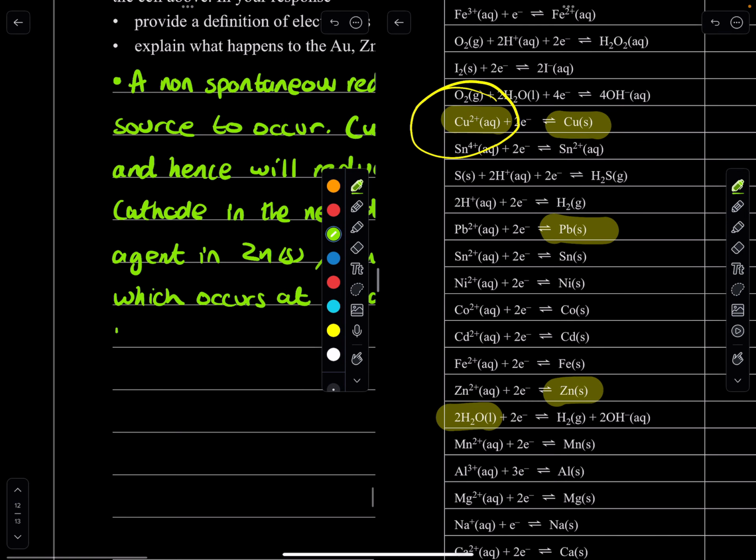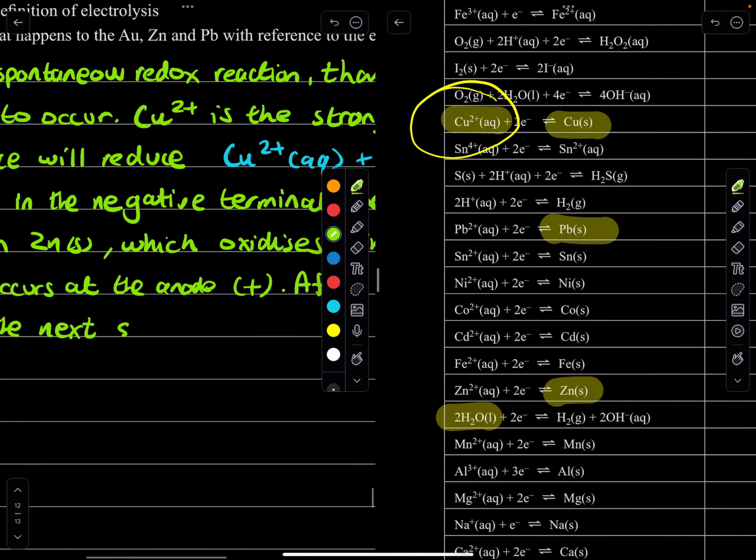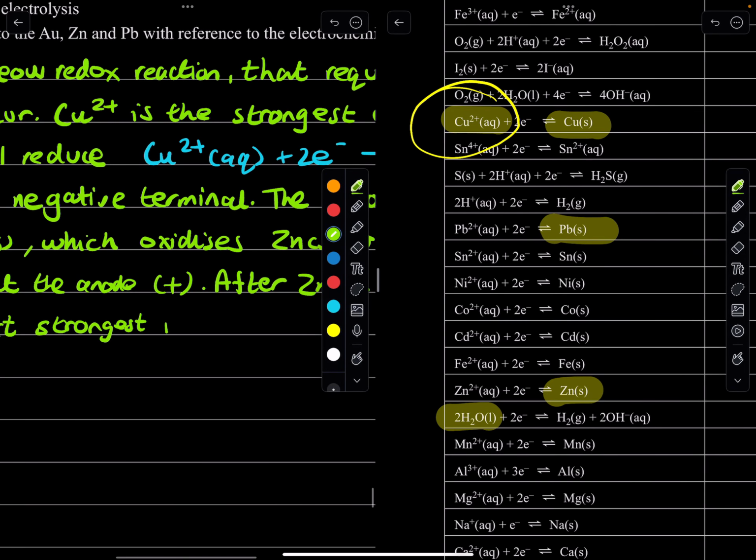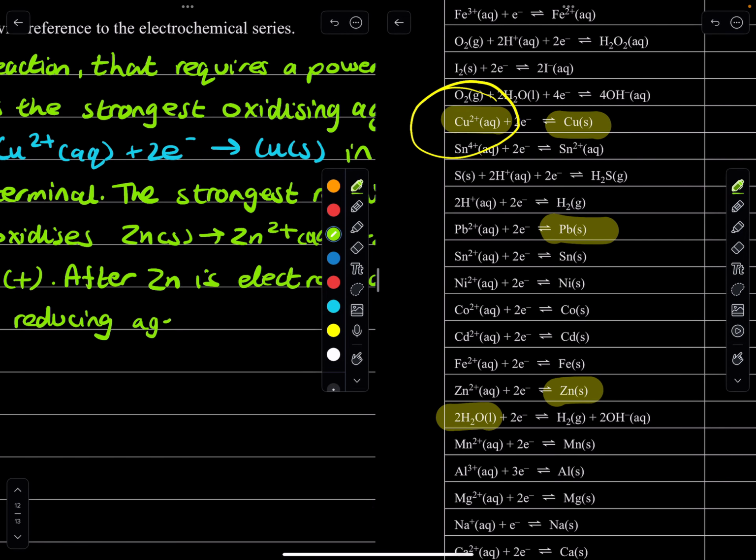Then it's the lead, so your Pb is the next strongest reducing agent, and will oxidize.